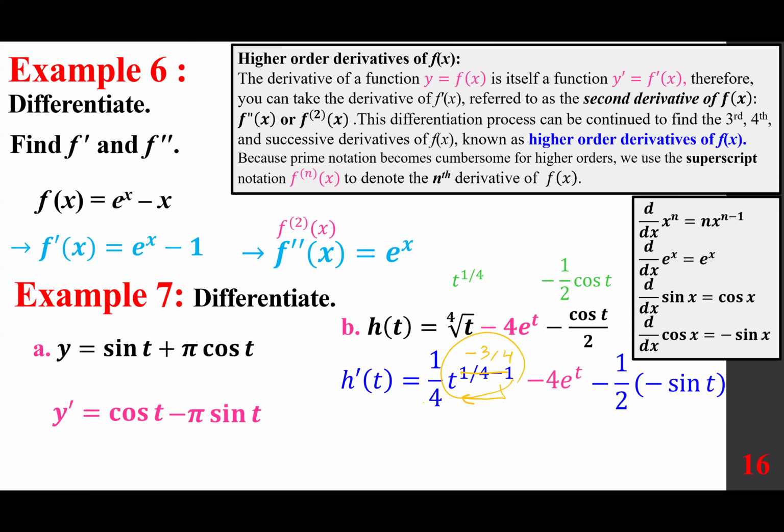This you take it down. 1/4, t to the power of positive 3/4, which is the fourth root of t cubed. This one is itself, negative times negative is positive. So the final answer, 1/4 fourth root of t cubed, minus 4 e to the power of t, plus, I'm going to write it in the same format, sine t over 2, or you can say plus 1/2 sine t.